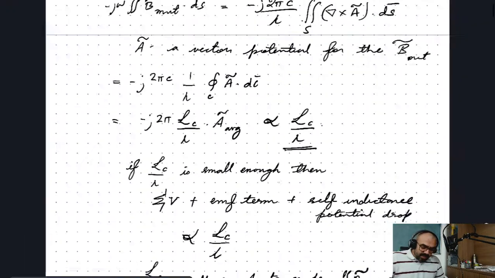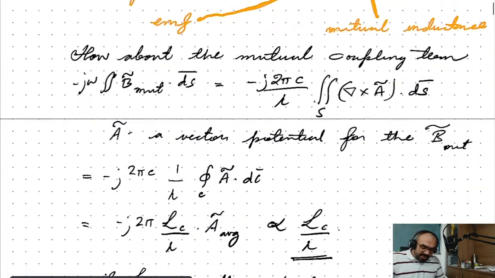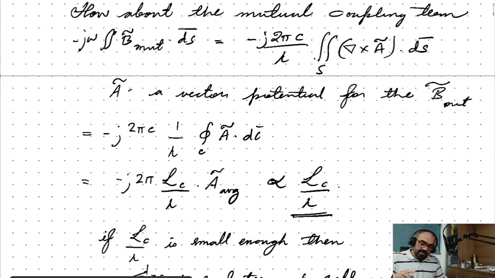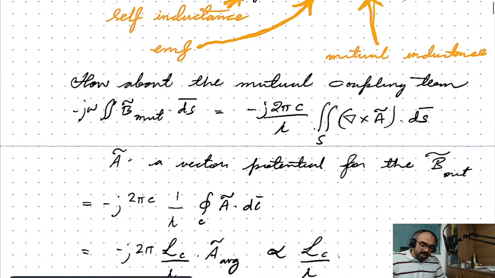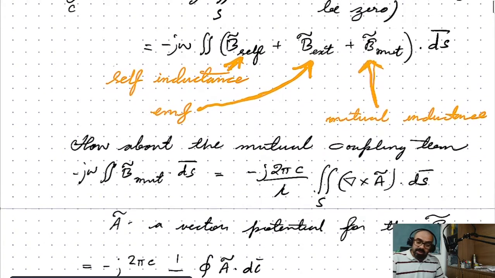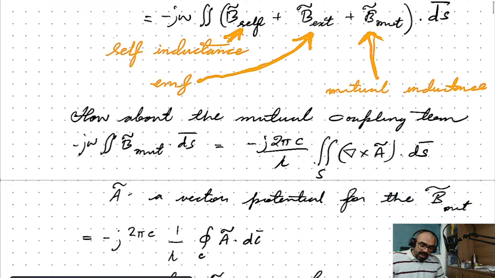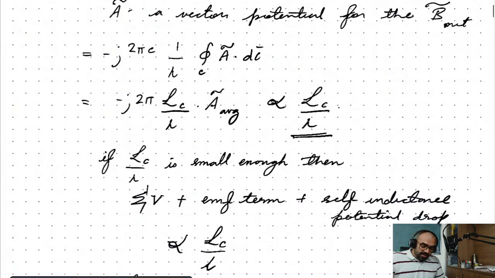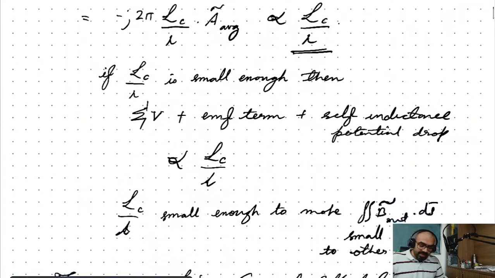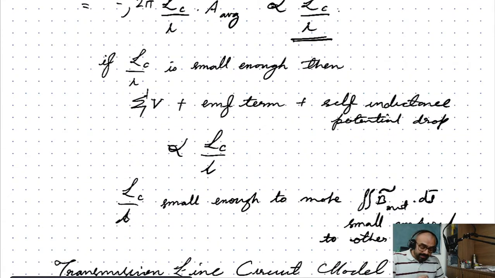So now we see that on the left hand side, the sigma voltages term is incorporating regular potential drops as well as the potential drops due to self-inductance, and the mutual inductance term is going to be proportional to the circumference of the loop.